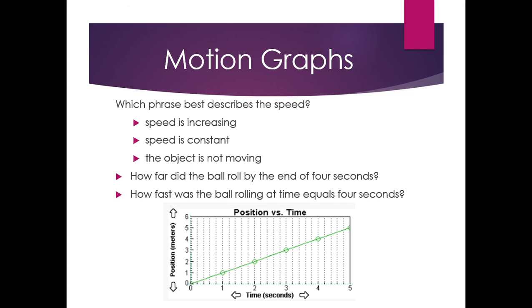Now, it says, how far did the ball roll by the end of 4 seconds? Alright, so let's analyze it. We can go to the period specified at 4 seconds, and if we follow the information from the y-axis, we can see that it has moved 4 meters. Then the next question: how fast was the ball rolling at time equals 4 seconds?